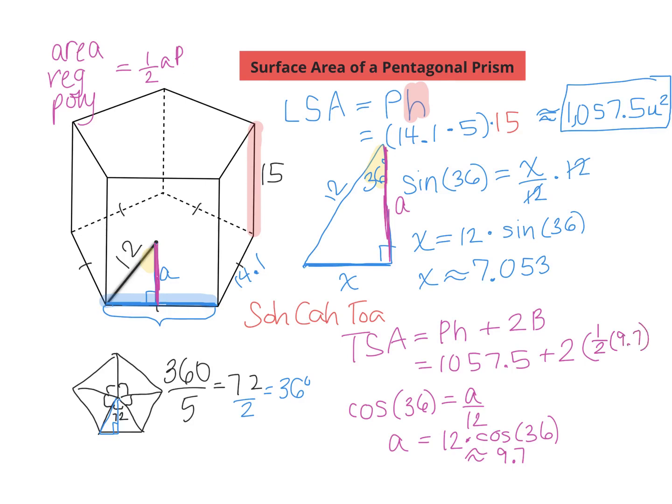So what did we get as the perimeter? 14.1 times 5, which is 70.5. So I need to multiply that by 70.5. I'm running out of room. Let me scoot this over so we can see it a little bit better.